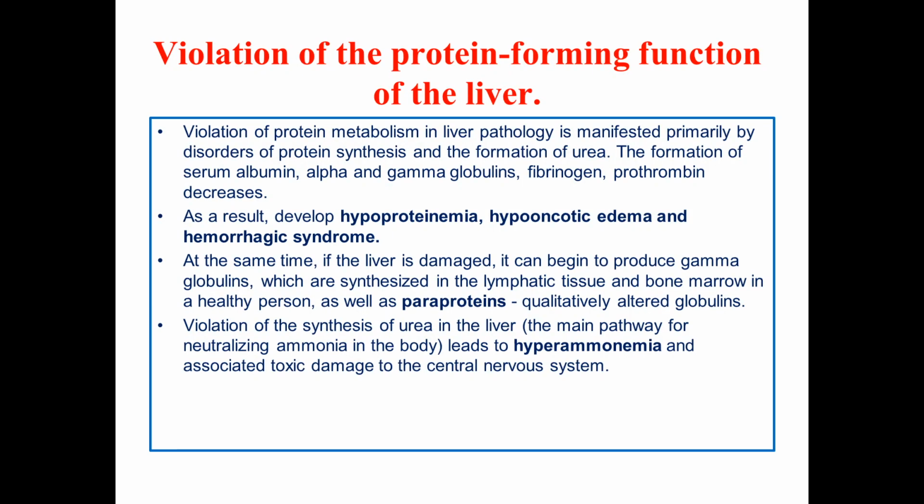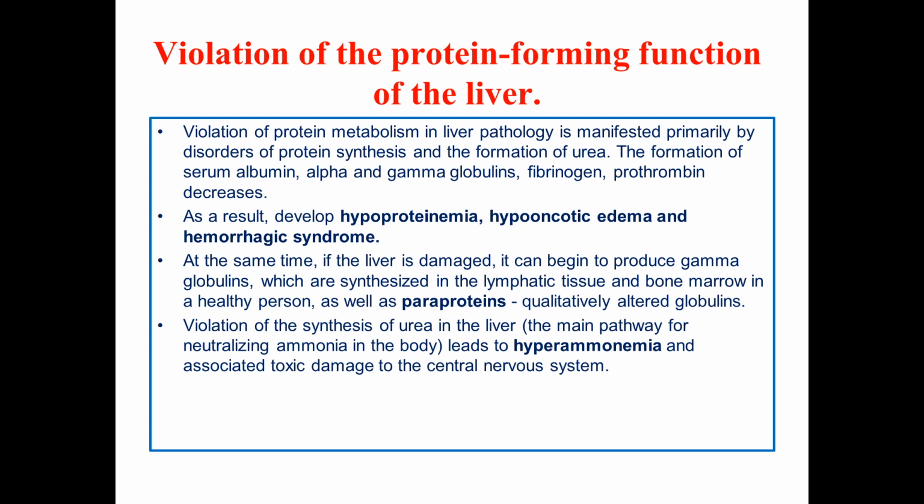Violation of the protein-forming function of the liver is manifested primarily by disorders of protein synthesis and the formation of urea. The formation of serum albumin, alpha and gamma globulins, fibrinogen, and prothrombin decreases. As a result, hypoproteinemia, hypooncotic edema, and hemorrhagic syndrome develop.